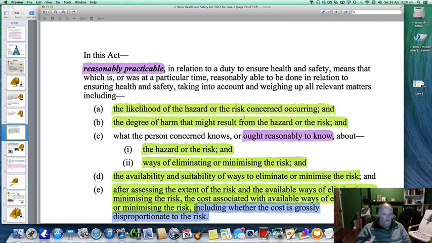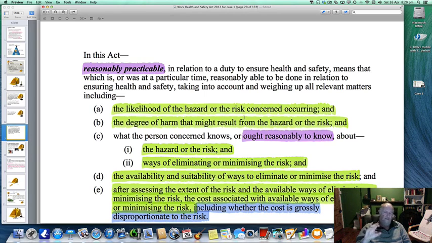But in the meantime, the people who write the statutes have gone as far as they can, probably drawing on previous law, to understand and explain what reasonably practical in this act means. It's only about in this act, you see. You can't necessarily draw the words reasonably practicable from another act and say, oh well, that must apply here.